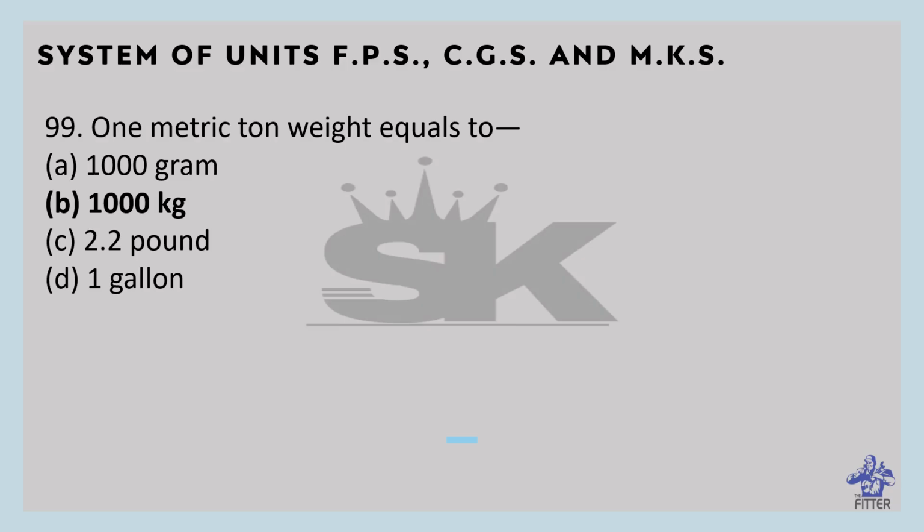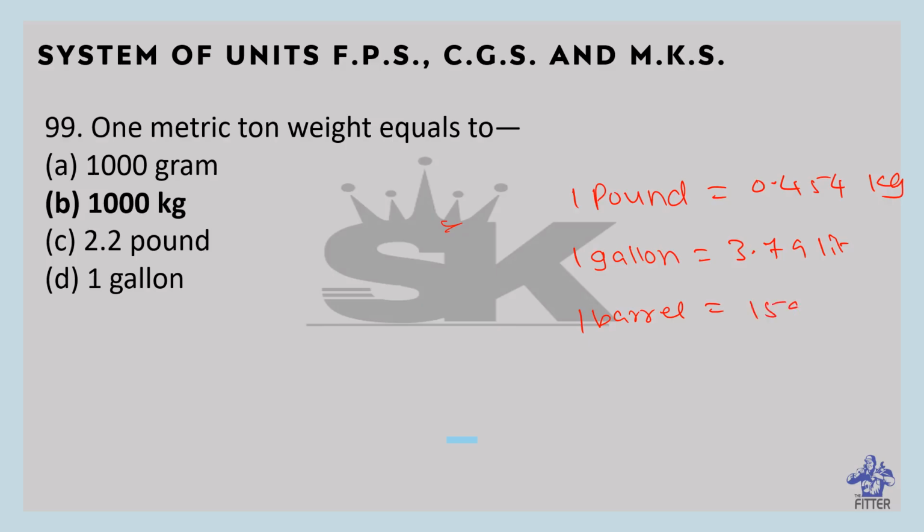Okay, and here 1 pound equals to 0.454 kg. Okay, 1 gallon equals to 3.79 liters. 1 barrel equals to 159 liters. Okay, 1 metric ton equals to 1000 kg.